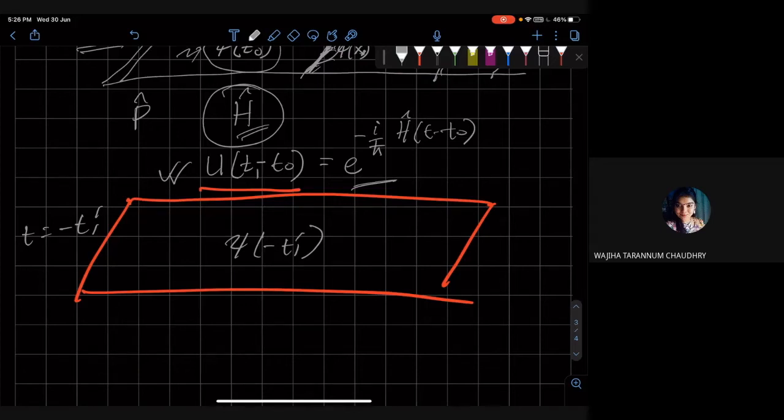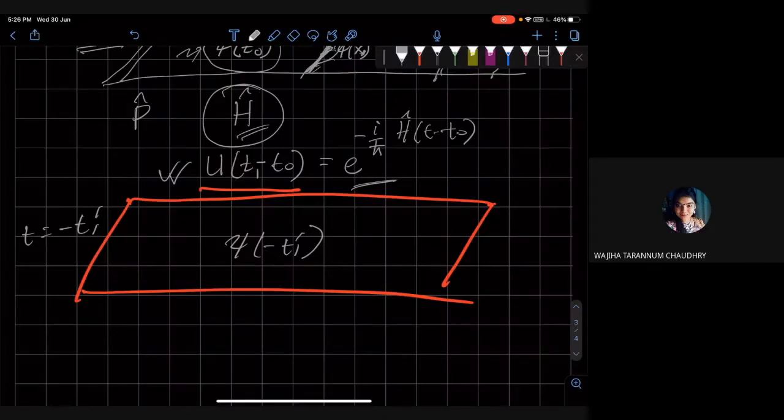Sir, so when we put delta A in the translation operator, then what happens is that it generates the rotation. Yes, exactly.